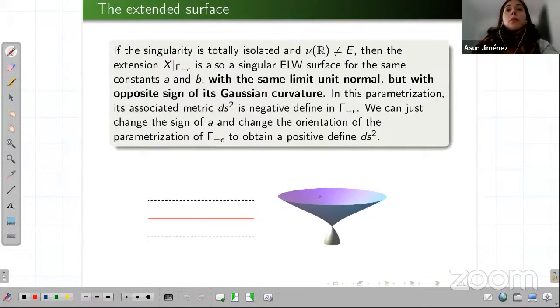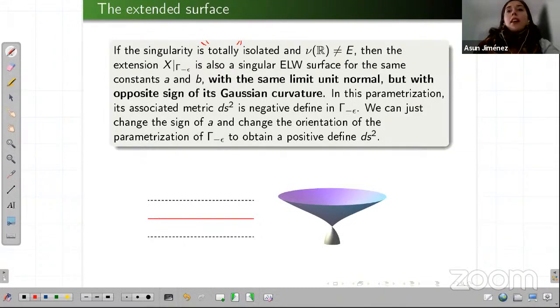This will be important. And the spoiler is that if you have a singularity which is totally isolated, and I put here "totally isolated" because when you start with a concave surface, that is a surface with a singularity where the curvature explodes to minus infinity, you have to assume that the surface extends across the singularity, and this whole double surface has no other singularities.